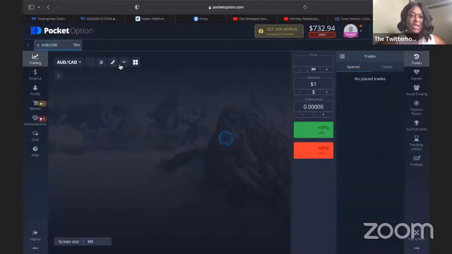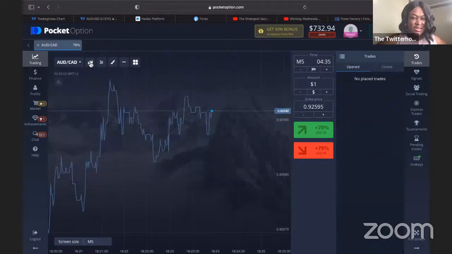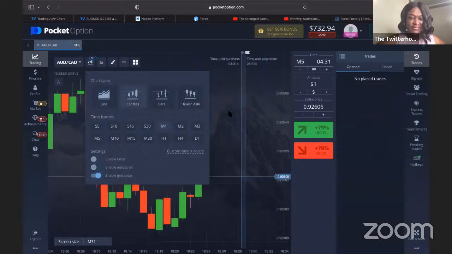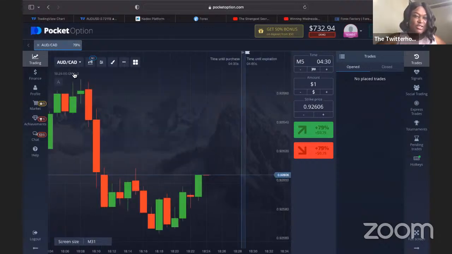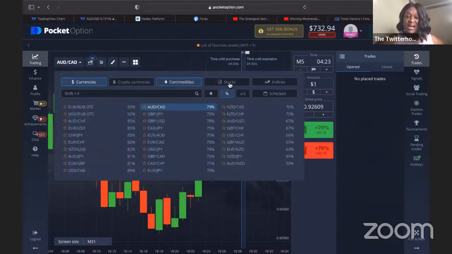Okay. When you log in, you're going to have it on candles, and you should have it on currencies. I mean, on stock, but we're not trading stock. We're trading currencies.